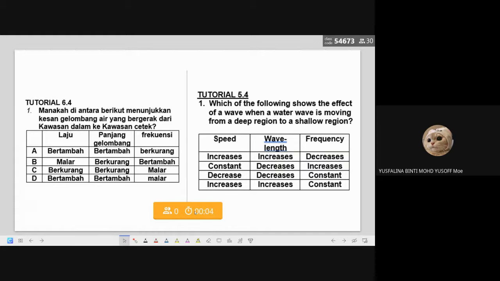You can give the answer in the chat. For those who cannot join the class, using the link or the QR code, you just write your answer in the chat.